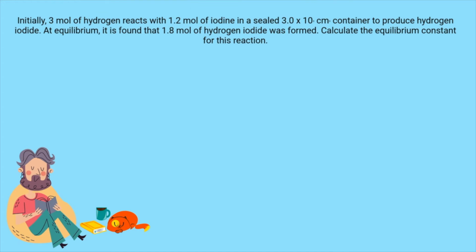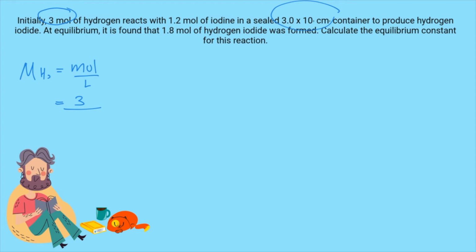Alright, the first thing that we are going to calculate is the molarity of the hydrogen gas. So the molarity of hydrogen gas is equivalent to mole over liter. The number of mole of hydrogen gas given to you is 3 and the volume is 3.0 times 10 to the power of 3 cm³.